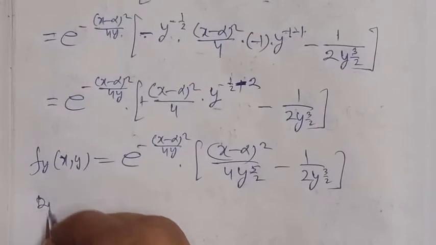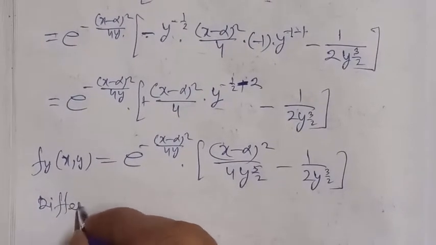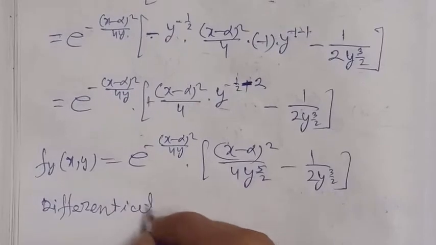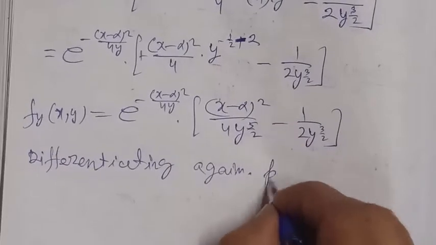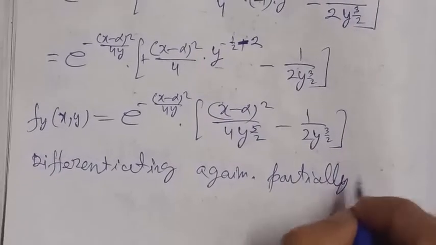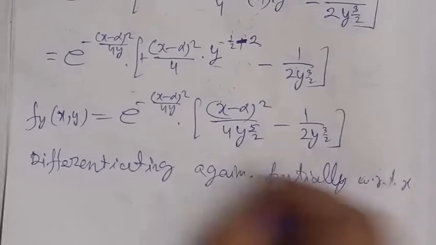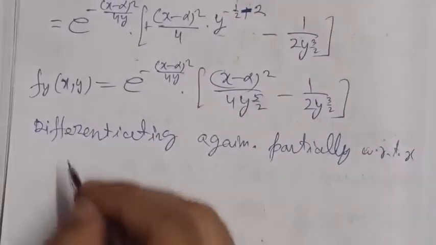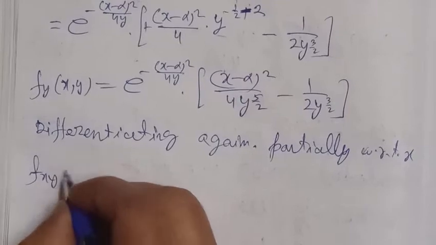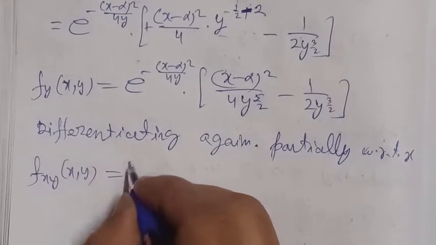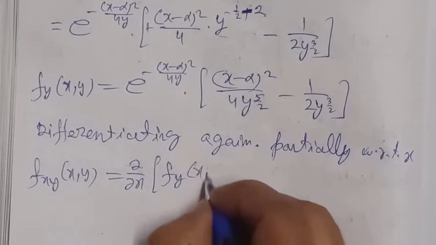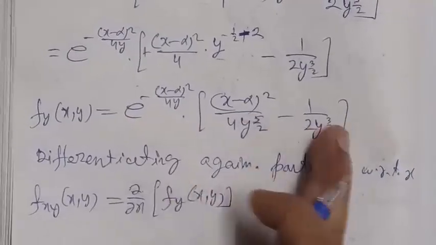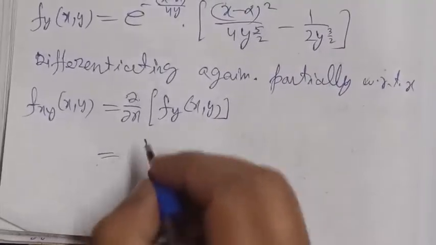Now differentiating again partially with respect to x, this value becomes f x y, which on differentiation we obtain the differentiation of y x y with respect to x, and this value we obtained in the last steps.